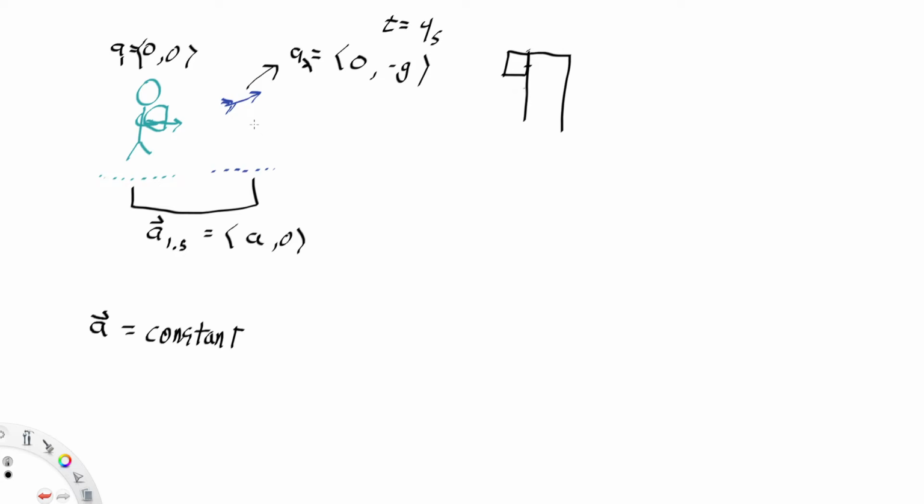I see. I get it now. I didn't know that the acceleration has to be constant. So the reason why we might say that the dark blue situation is our time zero is because then all the way to the target, the acceleration's constant. It's just minus g in the y direction.